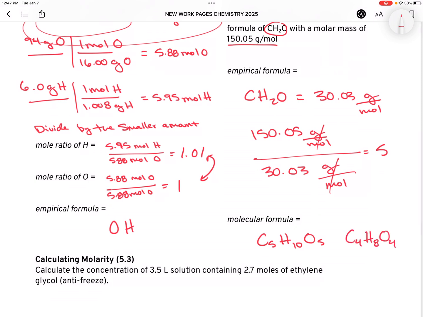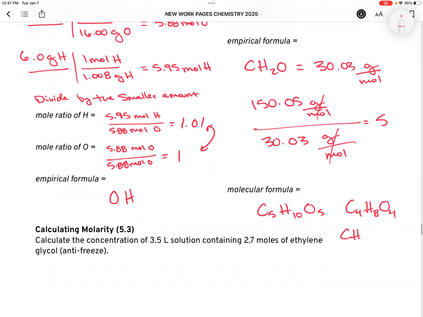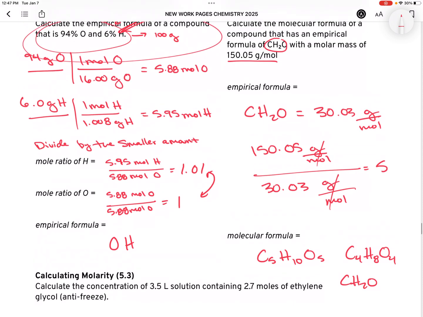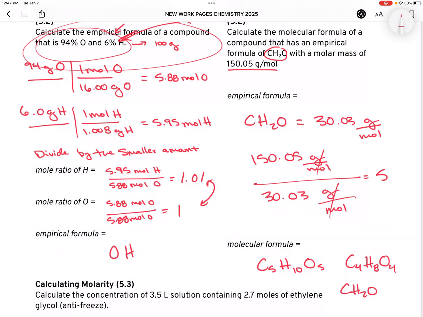We don't know if it's C5H10O5. We don't know if it's CH2O, because they all have the same percentage of carbon, the same percentage of hydrogen, the same percentage of oxygen. But what we do know is that the molar mass of what we're working with is 150.